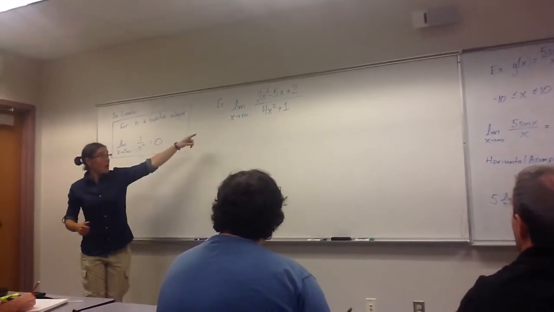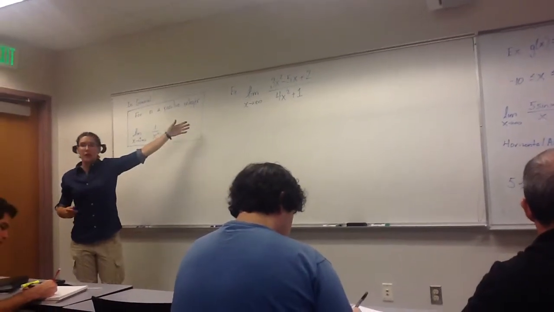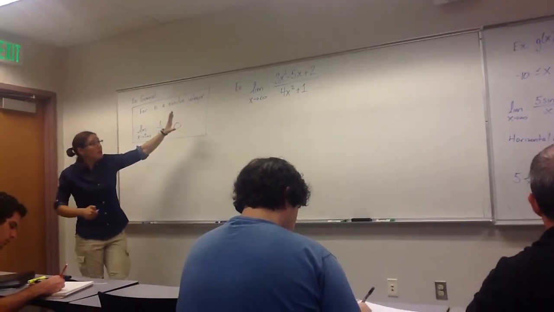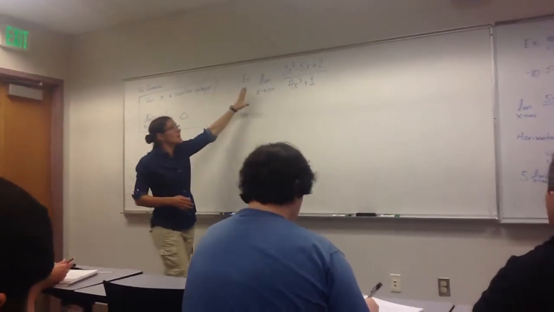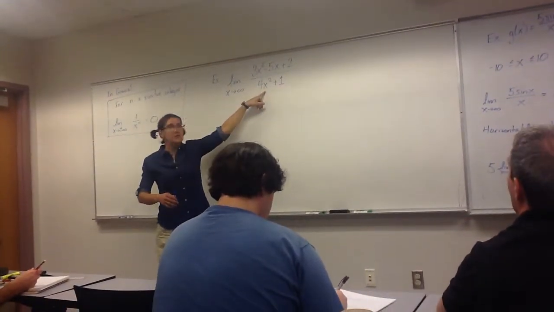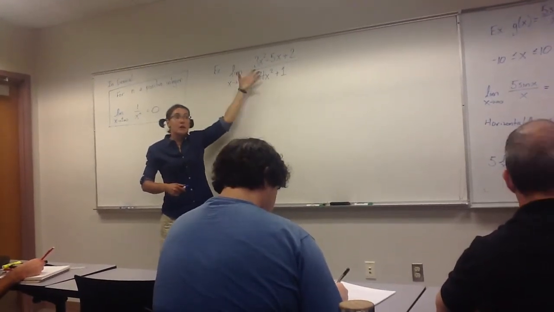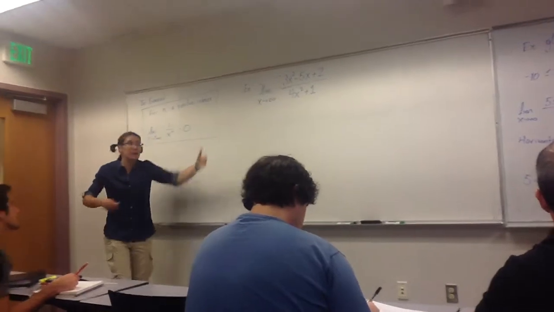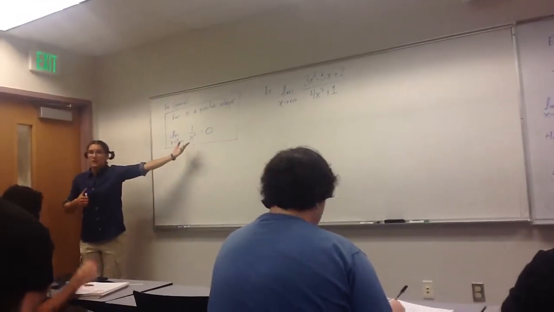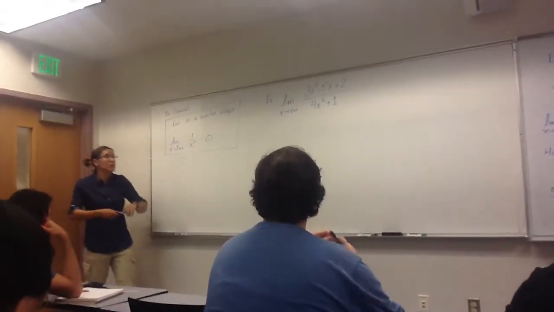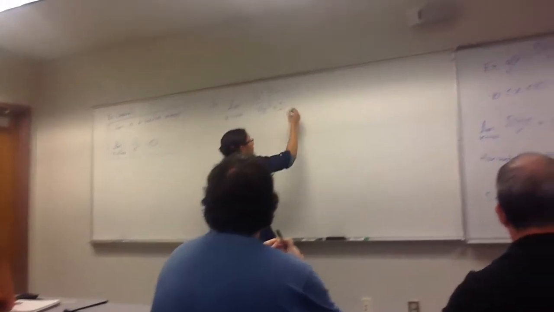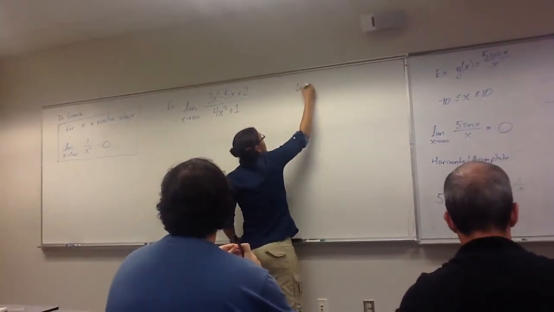Okay, so our goal here is going to be to solve this limit algebraically. Now, when I look at this, I see some highest powers. I see an x squared in the denominator. I also see an x squared in the numerator. And so in order for me to set this problem up so that I can use my knowledge that I've just written over on the board, I'm going to look at the highest power in the denominator.